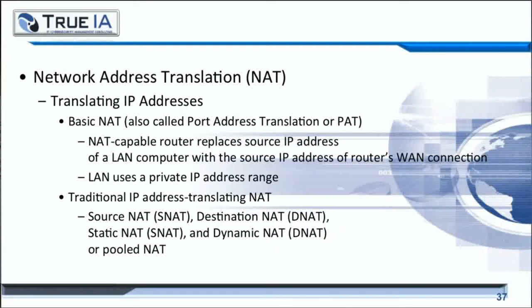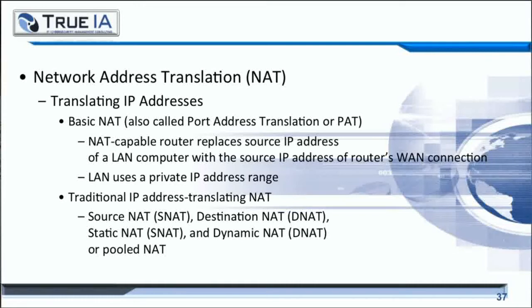So with NATing, you have choices. Either basic NAT, you might also see it called PAT, which would be port address translation. The NAT capable router replaces the source IP address of a LAN computer with the source IP address of the router's WAN connection. Then the LAN uses a private IP address, something either in the 10 dot or 172 or 192 range.